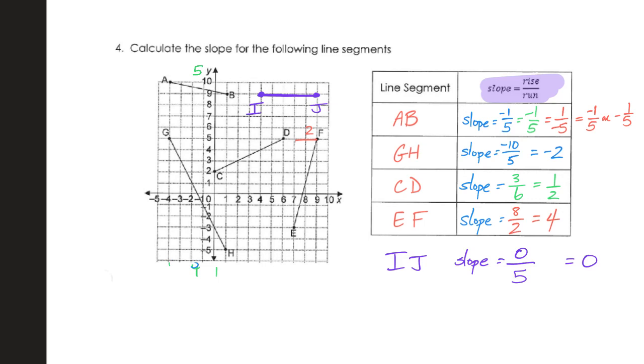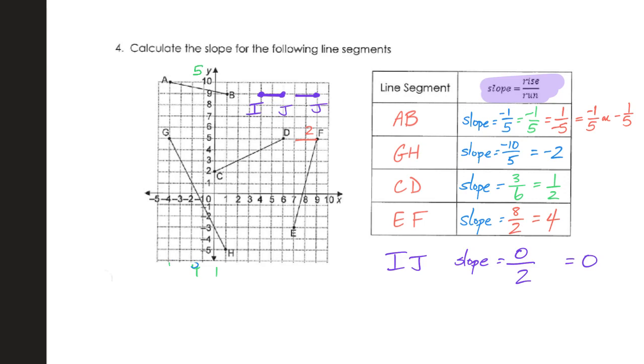Now, can we draw the conclusion then that for any horizontal line, we're going to get a slope of 0? I'm just going to change something in that calculation. Let's imagine that IJ was not exactly where it was. Let's make point J right here. Well, can you now see that our rise is still 0, but our run became 2?